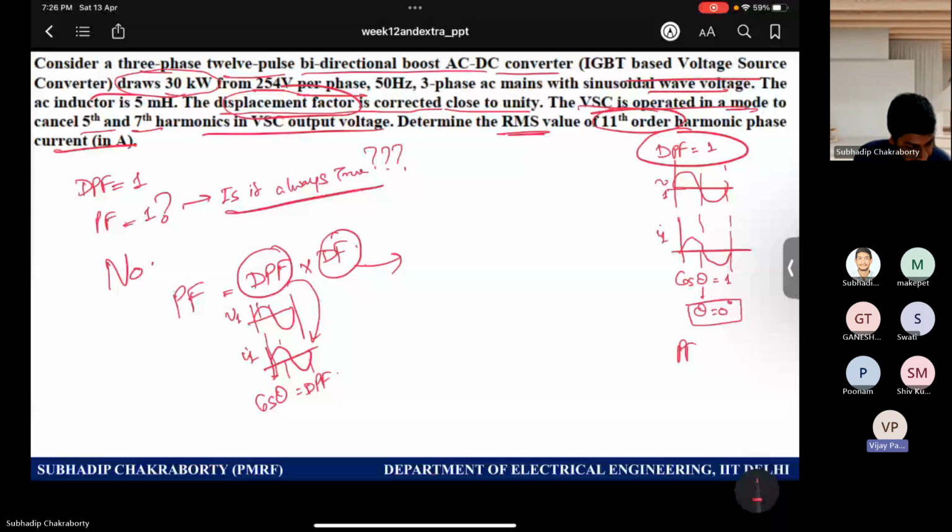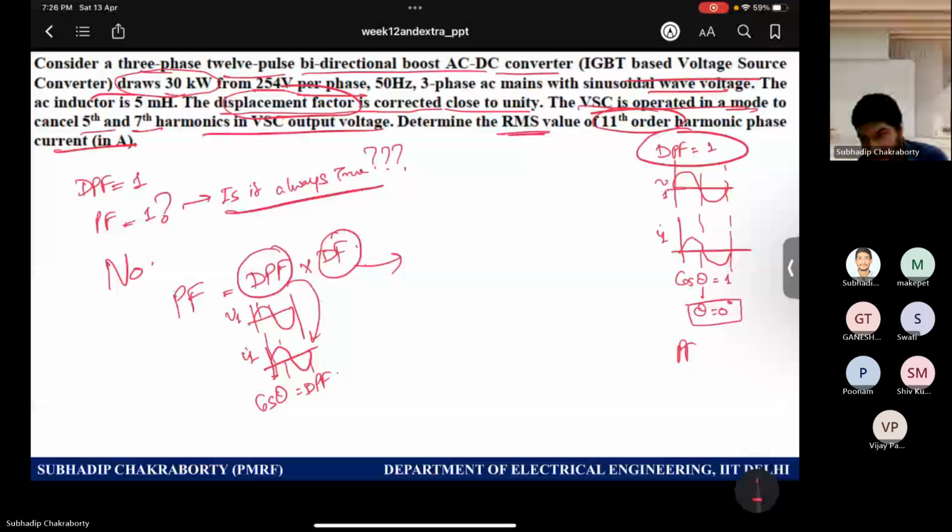So tell me the answer: if displacement power factor is 1, it means there is no phase shift between the fundamental of the voltage and current signal, because cos 0 is 1.